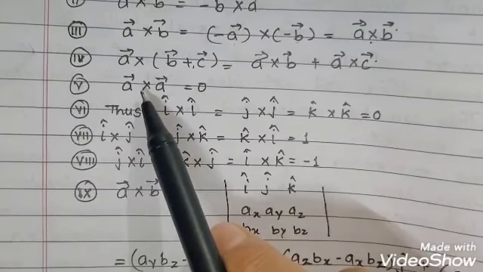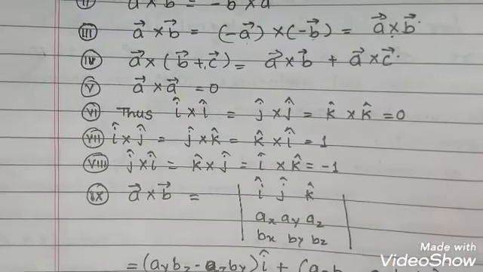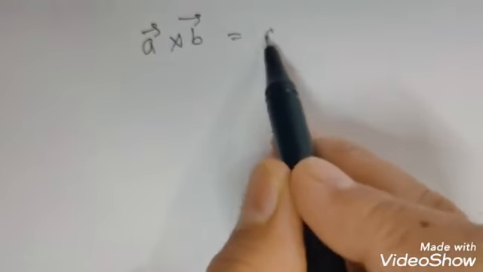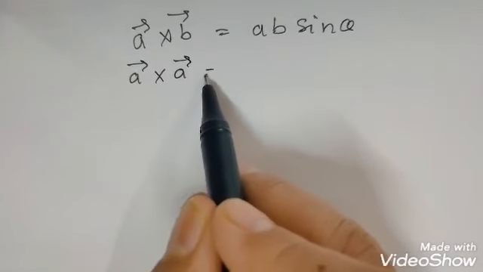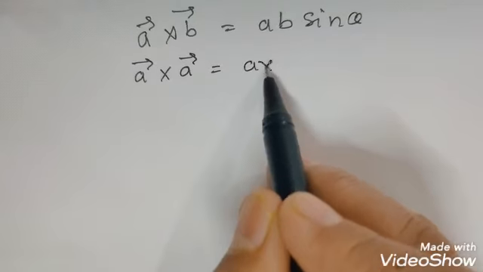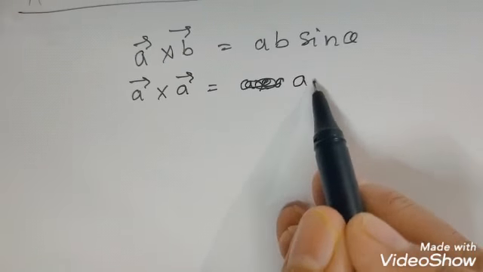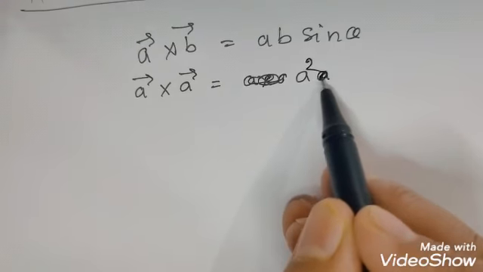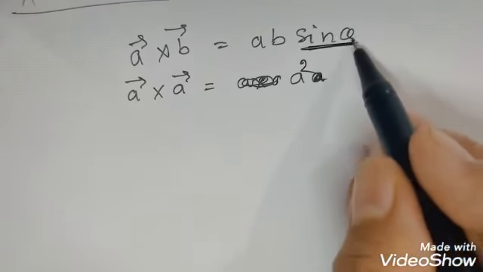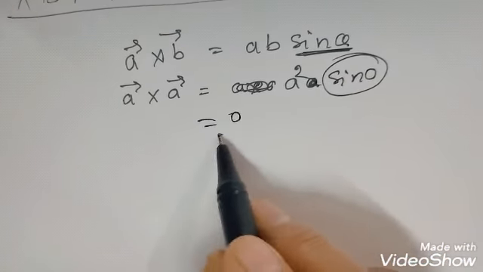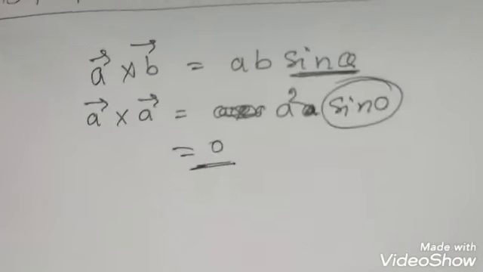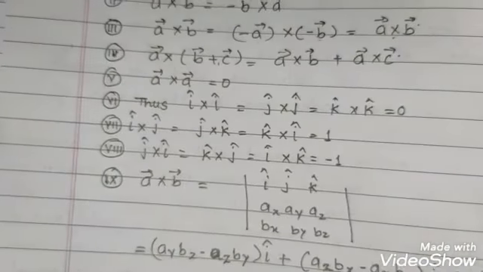Because we have seen that A cross B is equal to AB sine theta, so if I write A cross A, that means the same vector, it is A multiplied by A, or A square, and sine theta. The angle theta is 0 here, so it is sine 0, and because sine 0 is 0, the value will be 0. So the cross product of the same vector will be equal to 0.